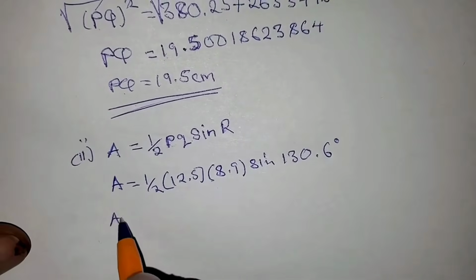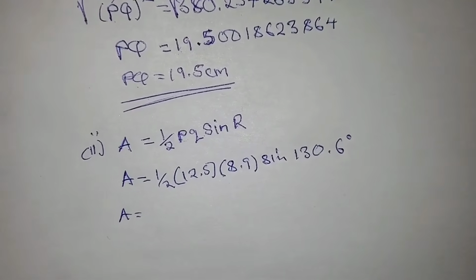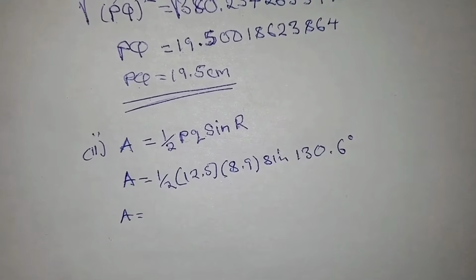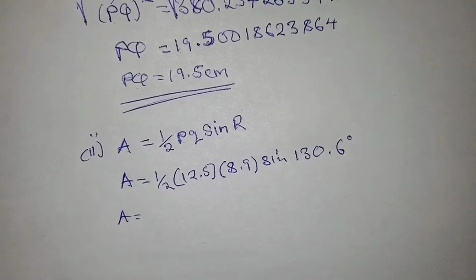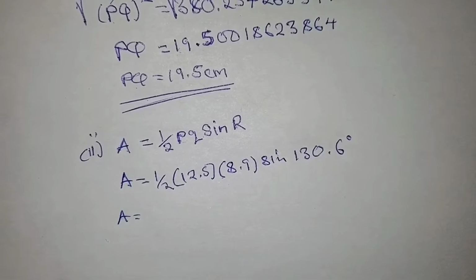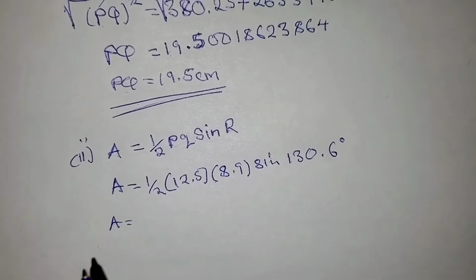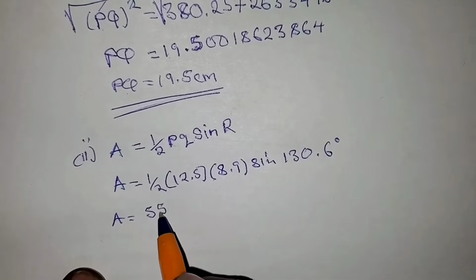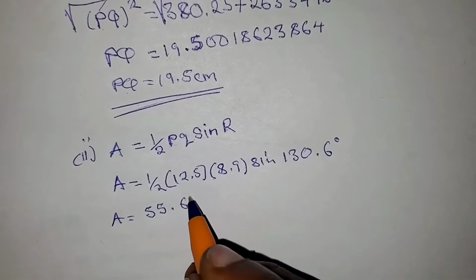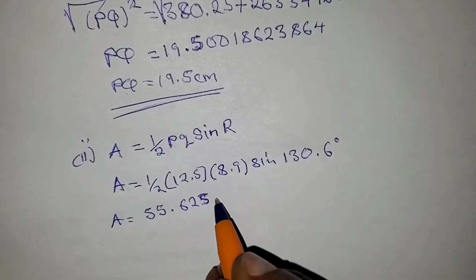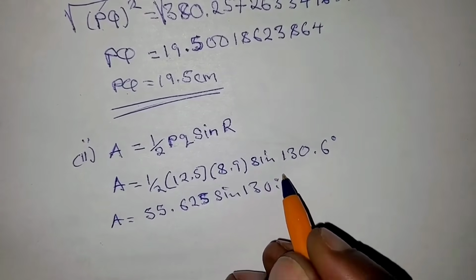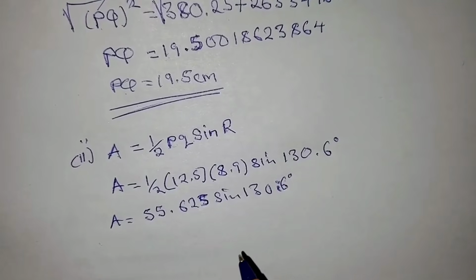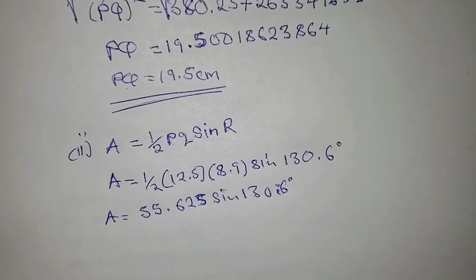So area is equal to half, 0.5 times 12.5 times 8.9. This is giving me 55.625 sine 130.6 degrees.